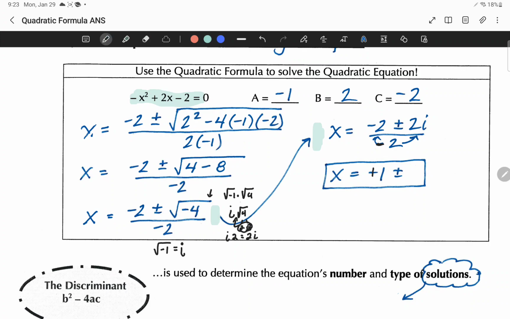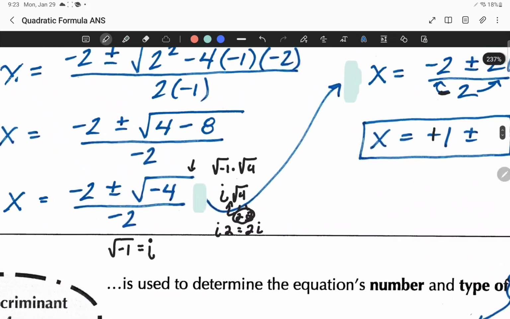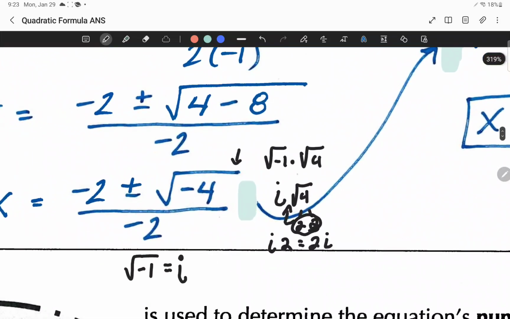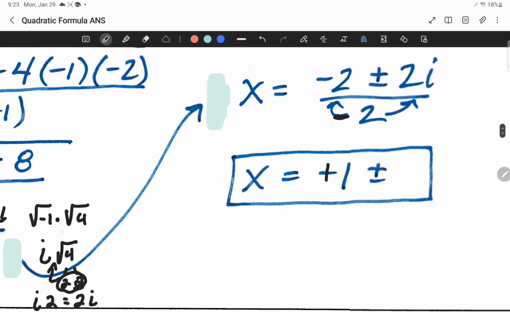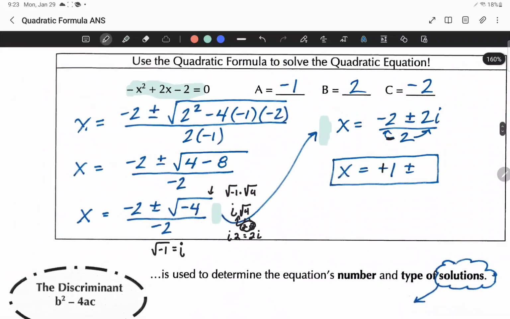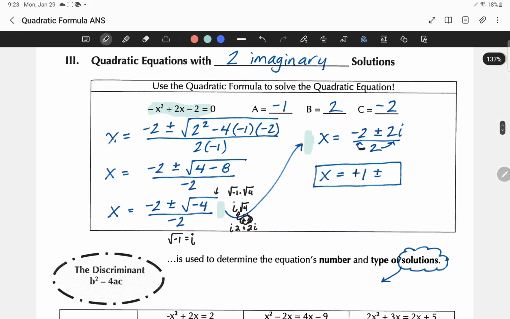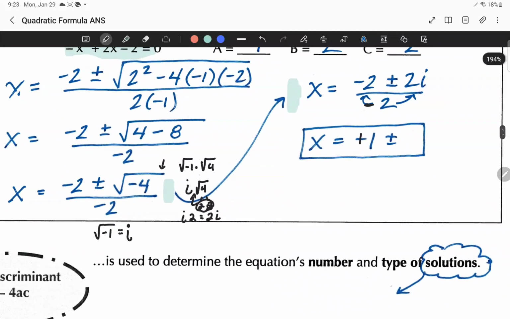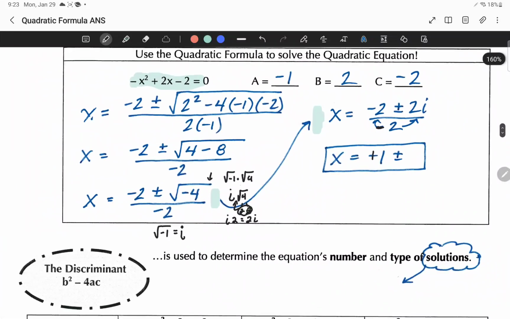So, let's put a positive. Because as you can see, on the very bottom, we have a negative 2. Negative 2 divided by negative 2, that should give me positive 1. And then on the other side, we're just going to get what? i. Pretty easy.